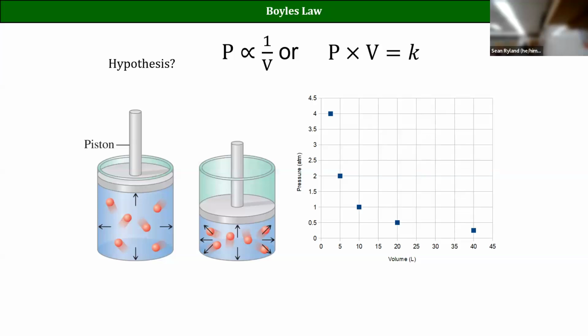So for any closed system of gas at a constant temperature, the pressure times the volume is going to be equal to the same constant. So if you change the volume, the pressure is going to change. We can calculate that. If we know pressure and volume at one point, and then we change the volume, we can calculate what the pressure would be at a new volume. This is what we did with the syringes.